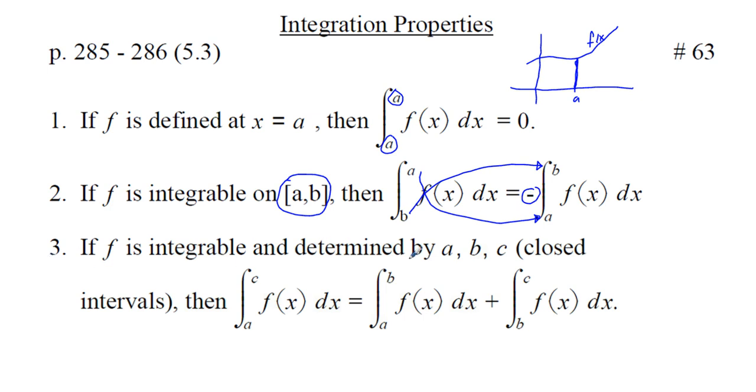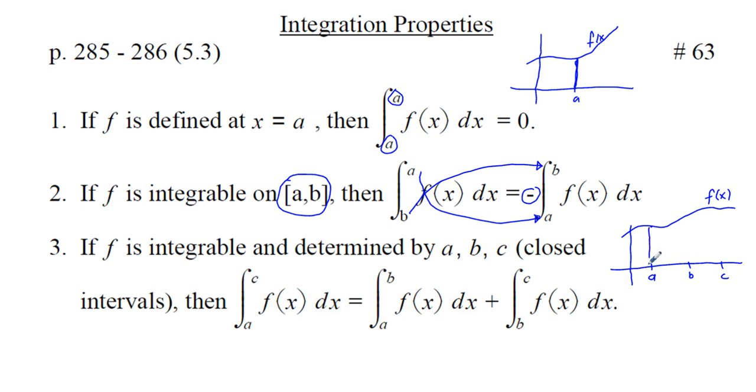3, if f is integrable on the closed intervals determined by a, b, and c, then the integral from a to c of f of x dx equals the integral from a to b of f of x dx plus the integral from b to c of f of x dx. So what that looks like graphically is this. We have a function f of x here, and we have 3 input values here, a, b, c.